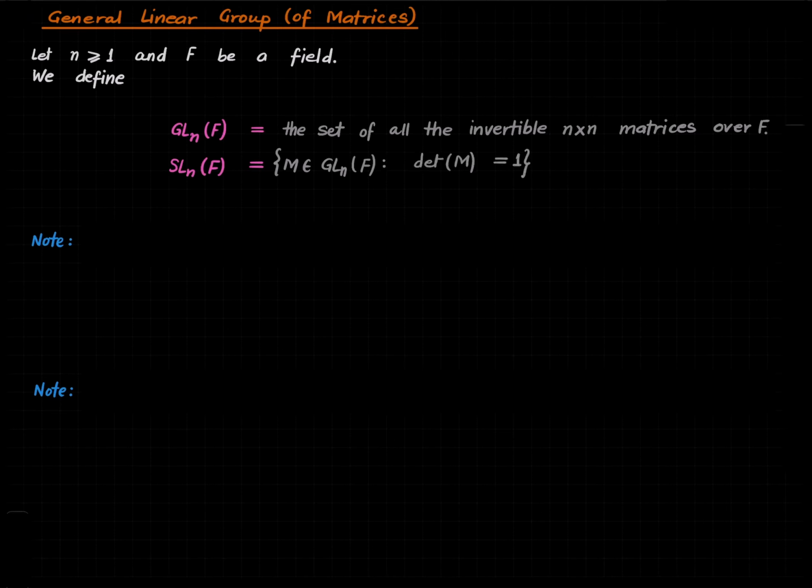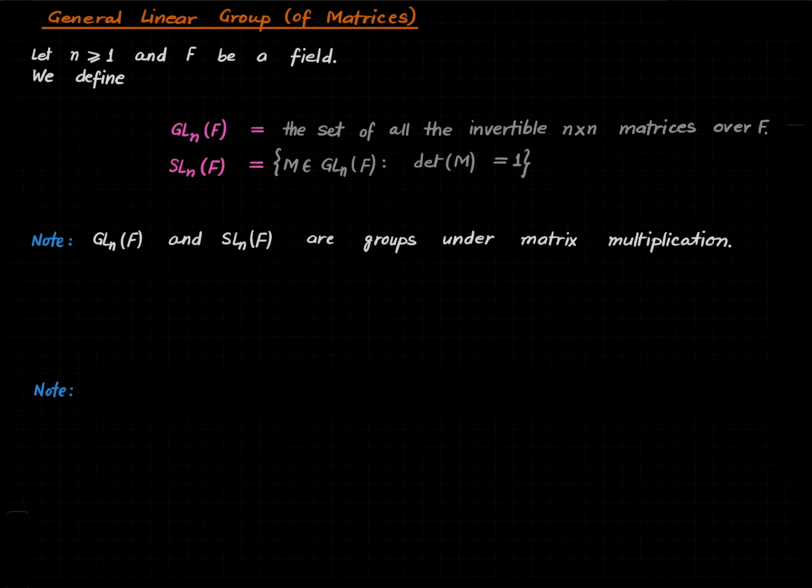Okay, so these are two sets, but if you equip them with matrix multiplication, the usual multiplication of matrices is a binary operation on it, because the product of two invertible matrices, both of size n cross n, is another matrix of size n cross n which is also invertible.